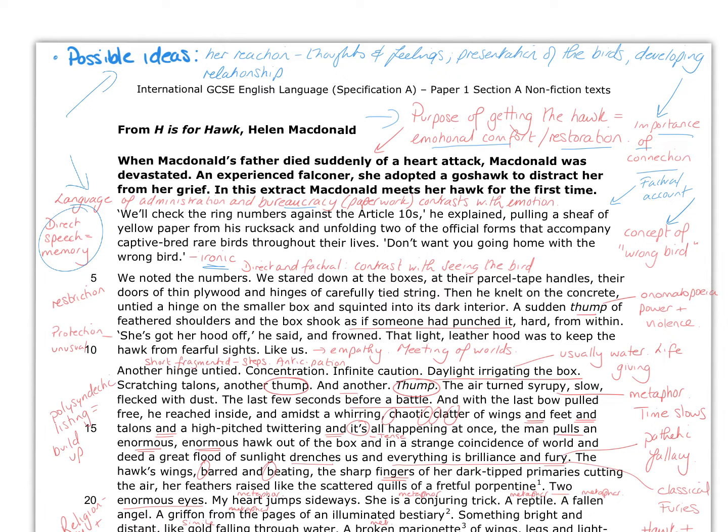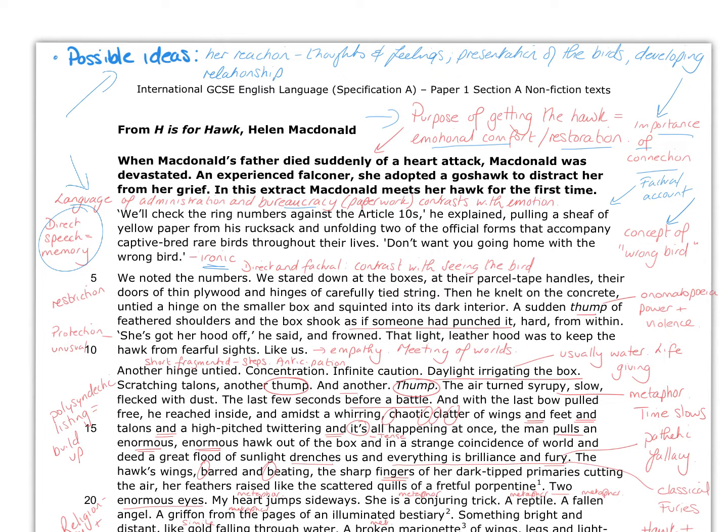He is talking strictly about the paperwork, the idea that she has bought a bird with a certain identity, and he has to make sure she goes home with that bird, the one that matches the numbers and the details on the forms. However, we learn that once she sees the bird, what's right on paper is very wrong for her emotionally.